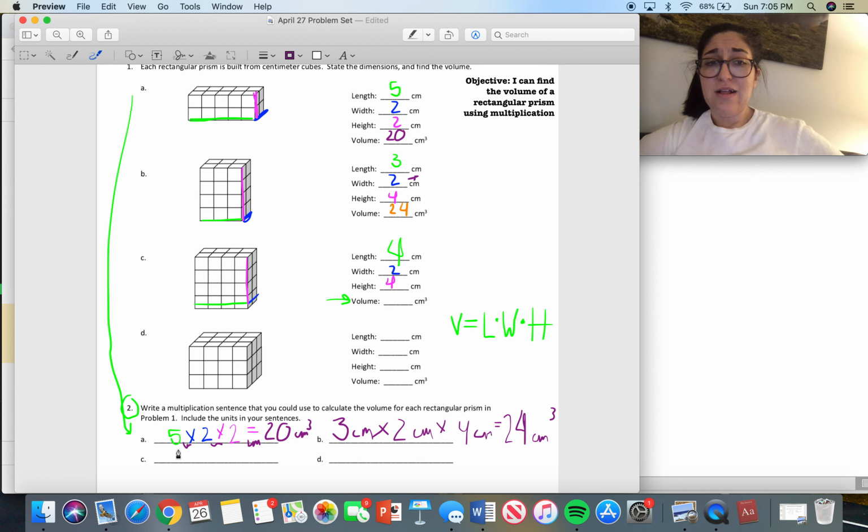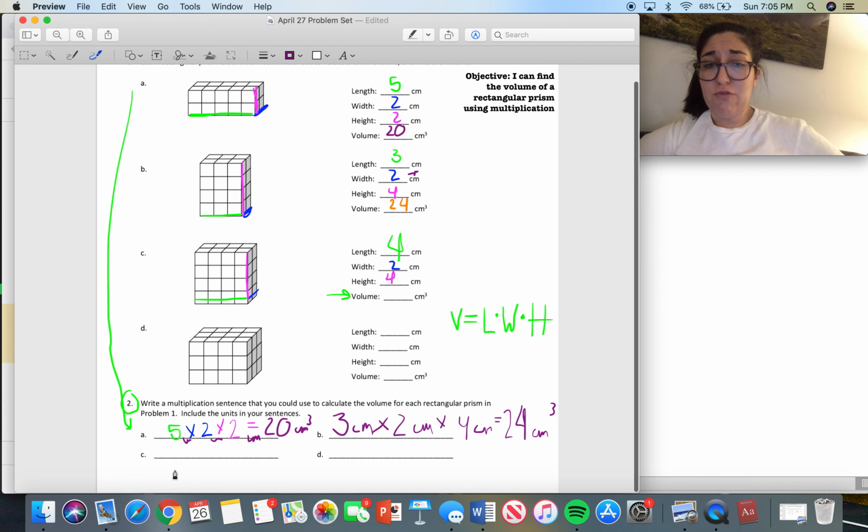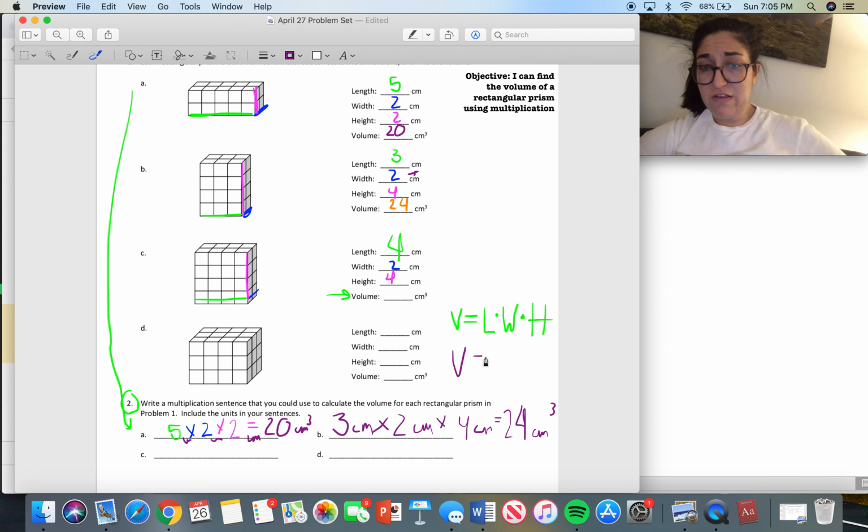And if I do that, then instead of multiplying length times width times height, what I could also do is multiply the area, or just for short, A times height. But when you're doing this, you need to make sure that your area is just your length times your width. So you don't actually need to worry about this now.